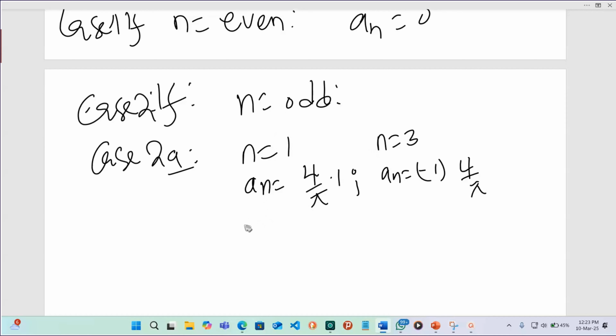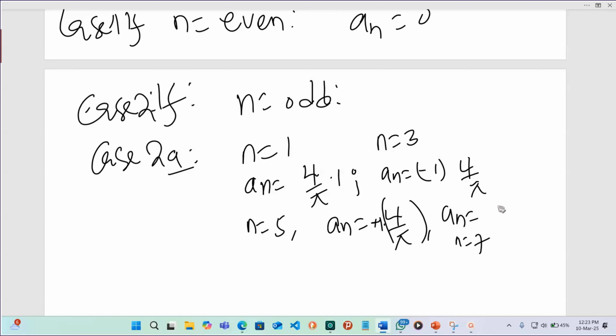For n equal to 5, a_n is again 4 over π, but positive. For another odd number, 7, we get sin(7π/2), so a_n here becomes negative 4 over π.